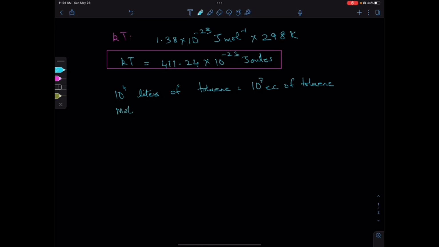Molar mass of toluene is 7 carbons, so 7 times 12 is 84, 8 hydrogens, so 8 times 1 is 8, so it's 92 grams per mole.